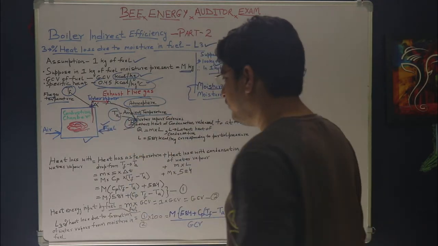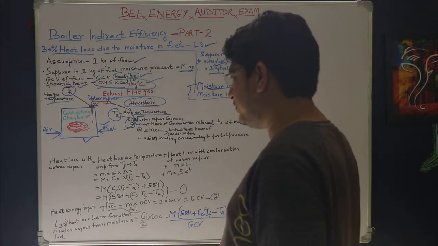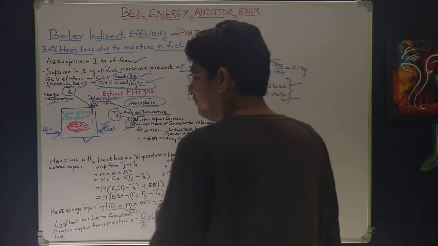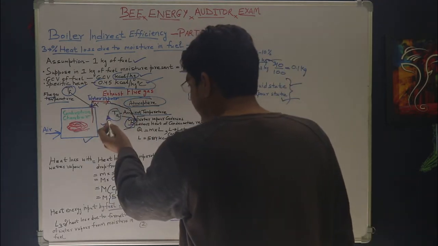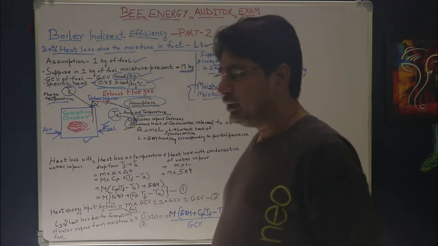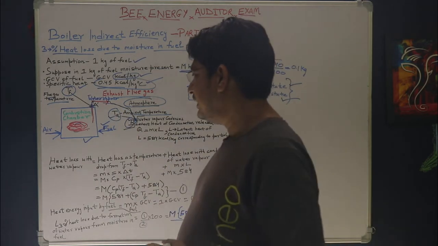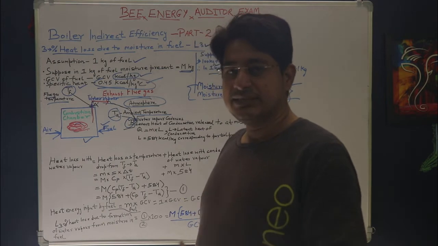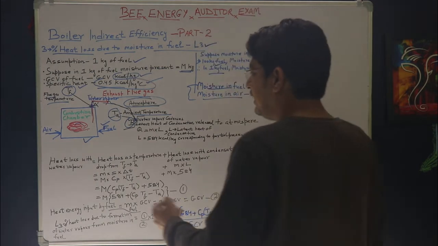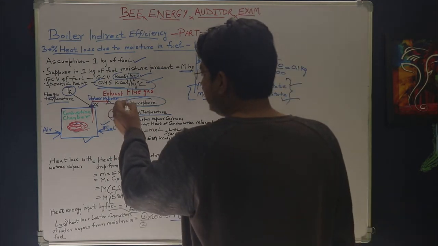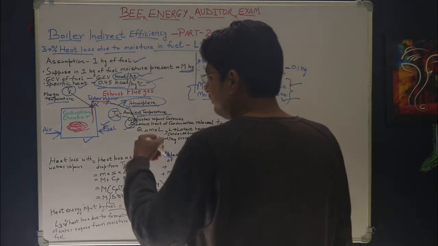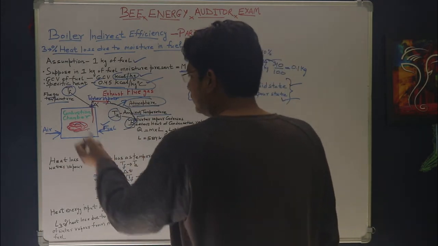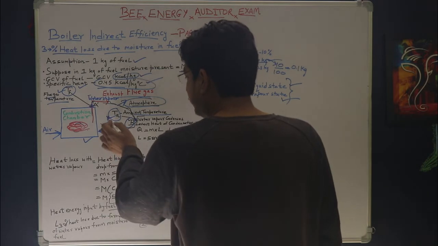point B, which is at ambient temperature, there is a reduction of temperature from Tf to Ta. And as you all know, whenever temperature reduces, heat energy is released. So accordingly, heat will be rejected to the atmosphere as the temperature of water vapor reduces from Tf to Ta.